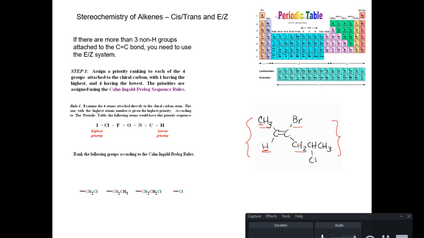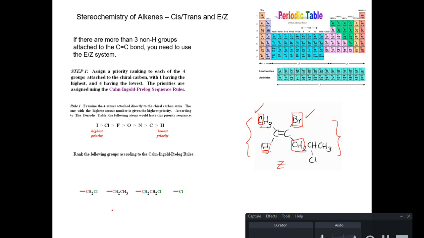It's not atomic mass, it's atomic number, and then if there's a tie, you go with the atomic mass. In this case, it's carbon versus hydrogen. Who has the higher priority? Carbon does. Over here, it's bromine versus carbon. Who has the higher priority? The bromine does. And so this is the Z isomer because they are cis.